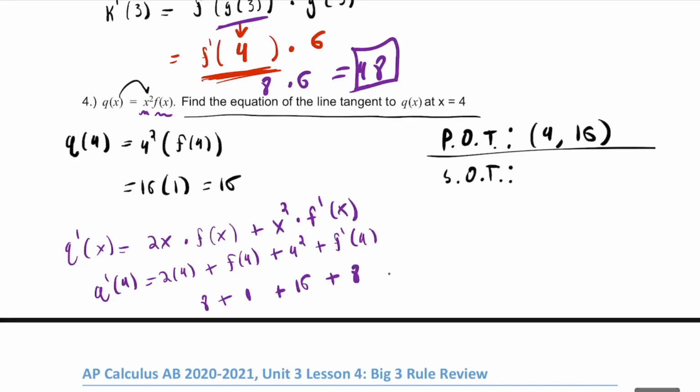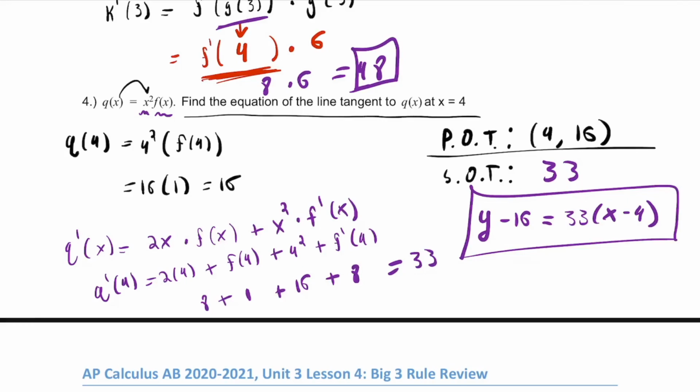And so we put all of that together, and we're going to get 8 plus 128, 136. So we have a slope of the tangent line of 33 there. So our equation would be y minus 16 is 33 times x minus 4.